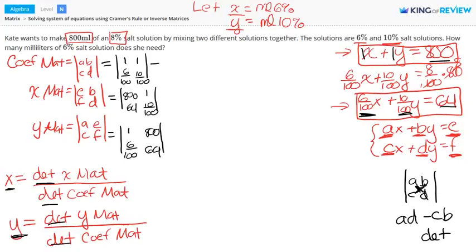So let's find the determinant of our coefficient matrix. Well, the main diagonal, we have 1 times 10 over 100 minus the product of the entries in the other diagonal. So 6 over 100 times 1.